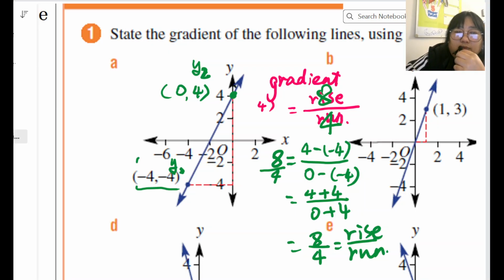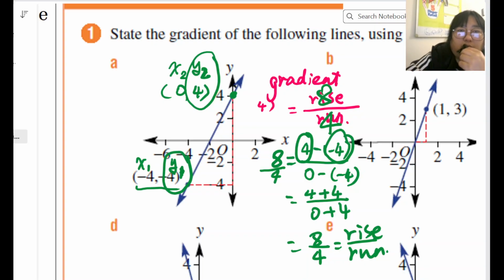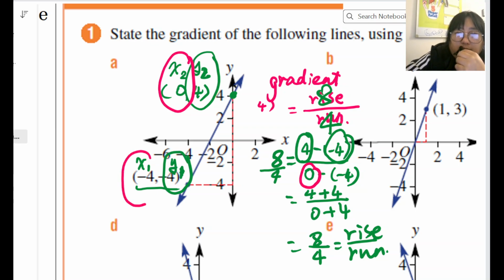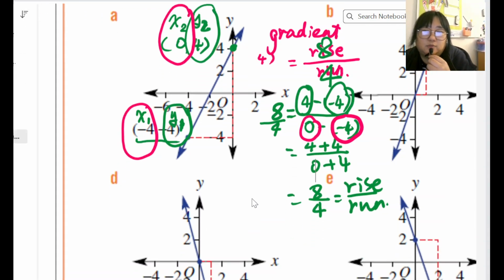And then this one is my first point x value, and this one is my second point x value. So I can use my y2 is 4, take my y1, y1 is negative 4. Then I use x2 0 and take my x1 negative 4. So that is exactly what the gradient formula looks like.